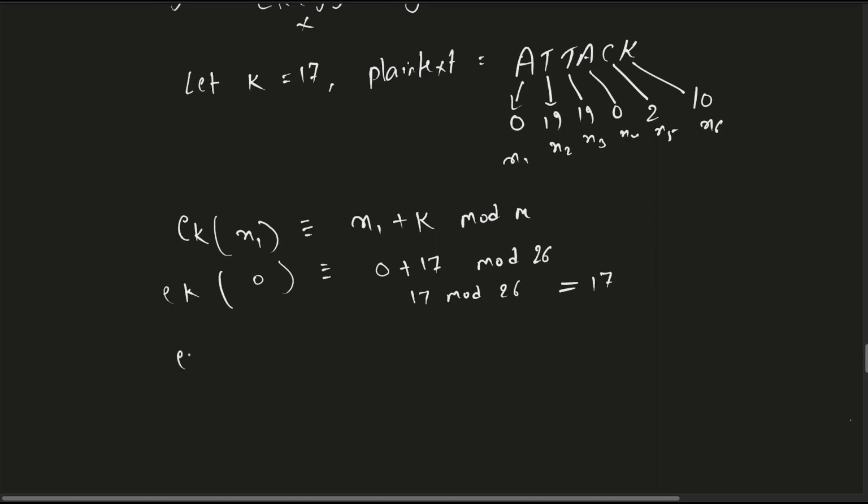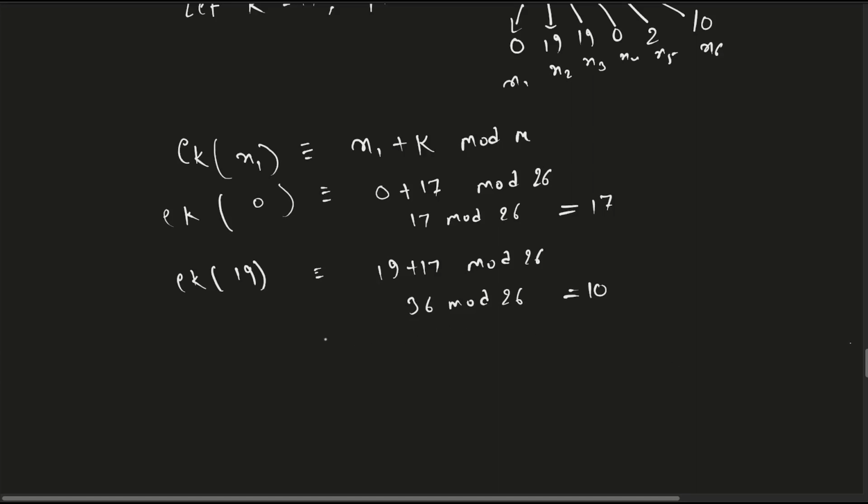Now for the second one, do the exact same thing. For this 19, it would be 19 plus 17 mod 26, which is 36 mod 26. This gives the remainder of 10, and so on.